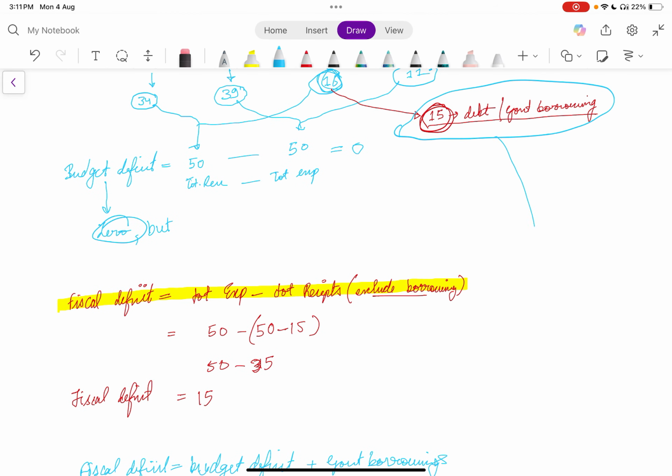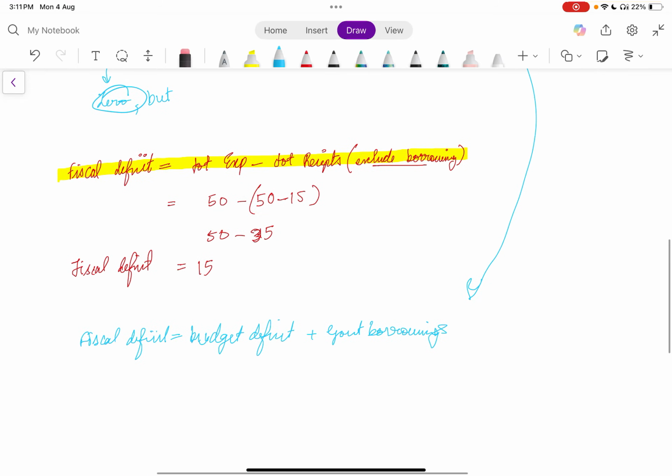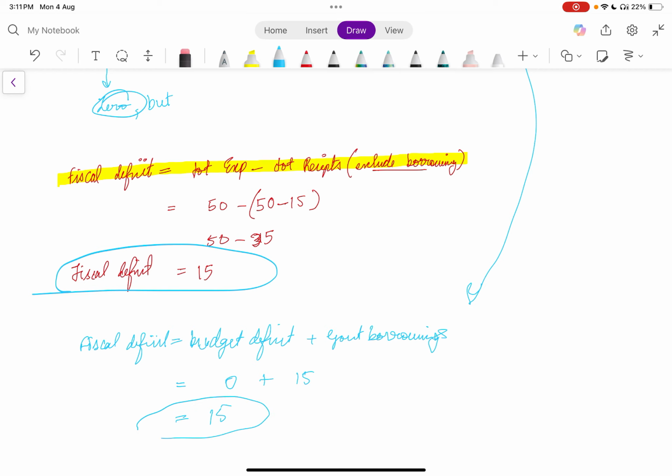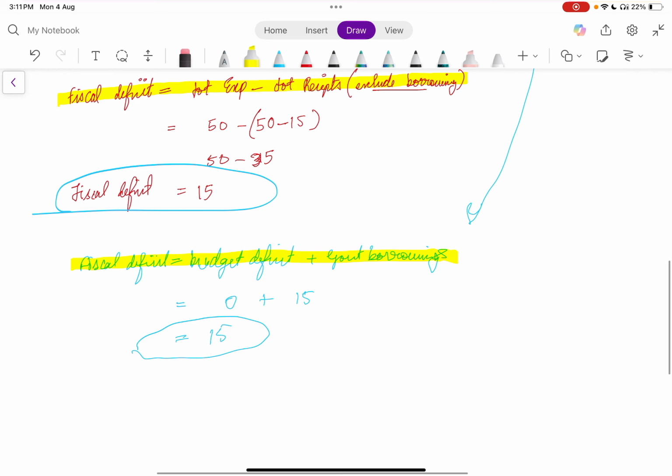Government borrowing was 15, so you put 15 here. So budget deficit 0 plus 15 again turns out to be 15. So the fiscal deficit will remain the same, but the methodology of writing it is a bit different. It's just the same thing, but framed differently. So this was the concept of fiscal deficit, as defined according to the Tamil Nadu textbook.